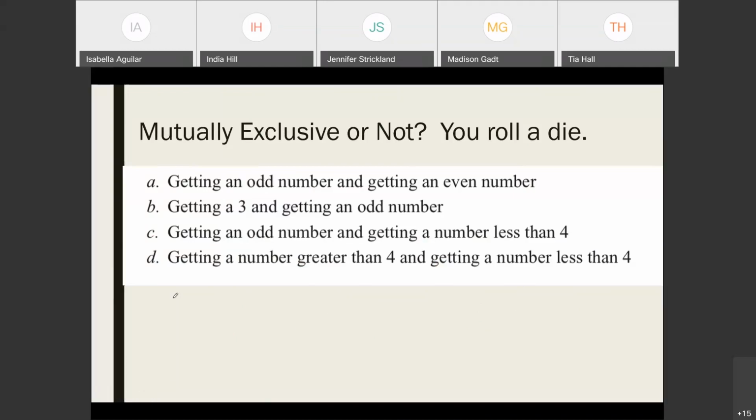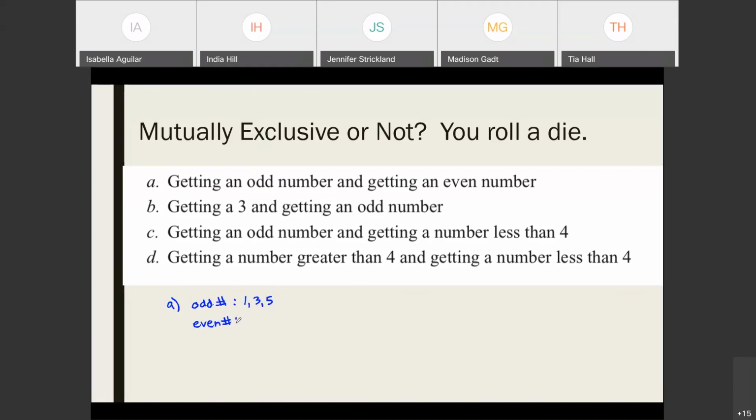All right, so I'm going to start with part A. One event is getting an odd number. And the second event is getting an even number. And I want to know, are those two mutually exclusive or not? So if I think about my odd numbers on the die, those are 1, 3, and 5.